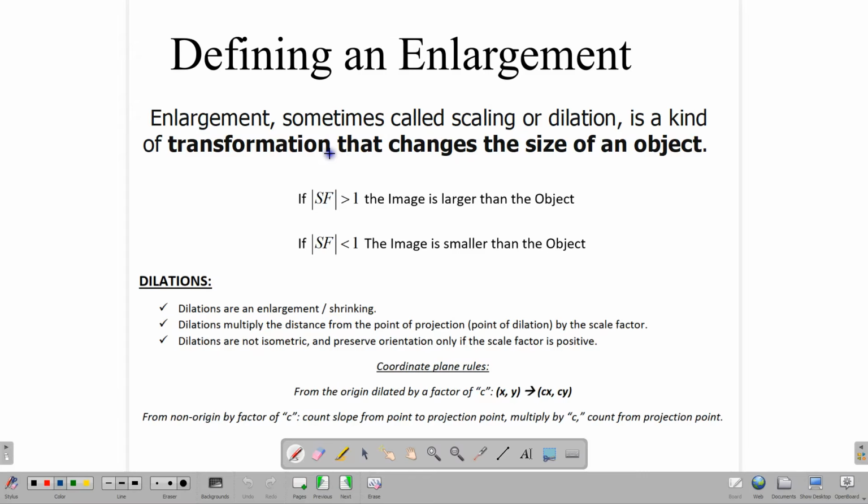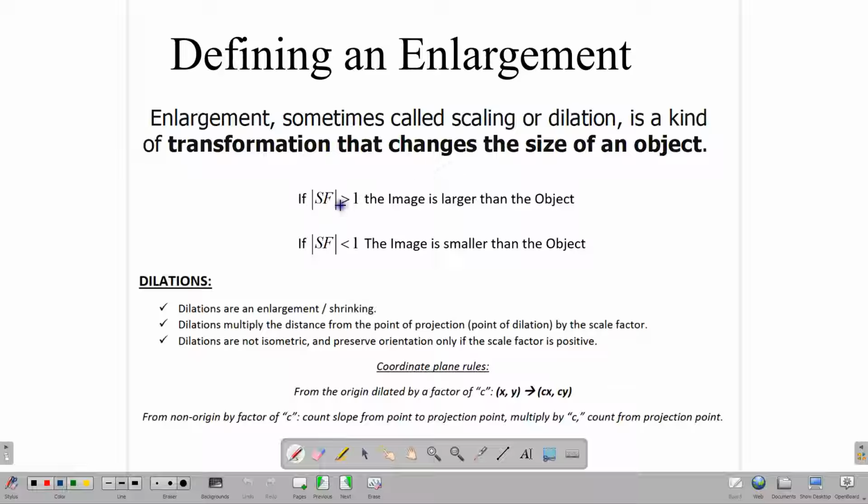An enlargement is sometimes called a scaling or a dilation. So those words work as well. And it is the type of transformation that changes the size of an object. We change the size of the object using something called a scale factor. Now, the scale factor is the number we use to magnify the object or to make it smaller.